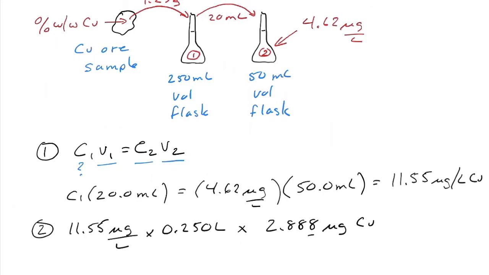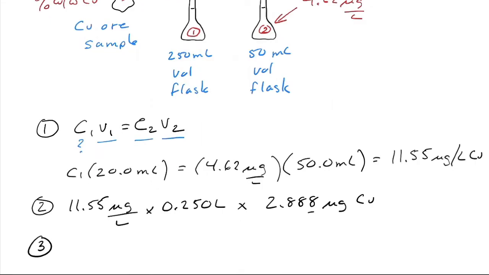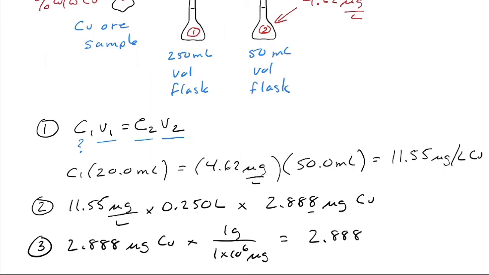Now the sample that we were given initially that we put into flask 1 was in grams, so we're going to convert micrograms into grams for step 3. 2.888 micrograms of copper times 1 gram per 1 times 10 to the 6 micrograms, and that equals 2.888 times 10 to the minus 6 grams of copper.